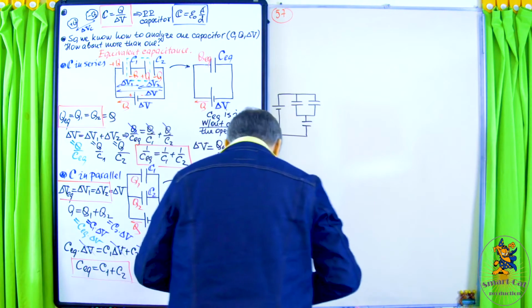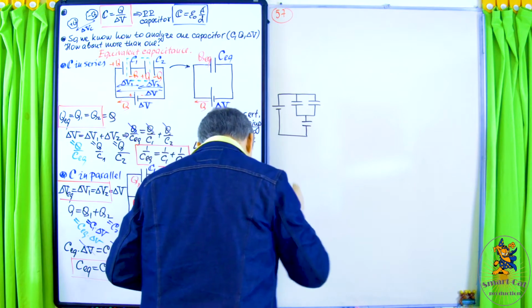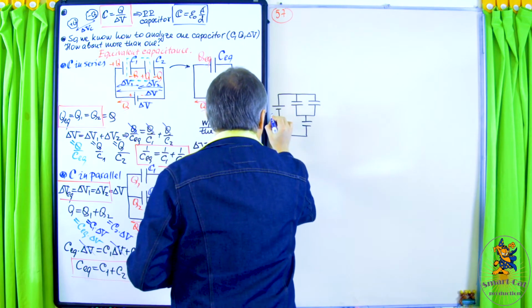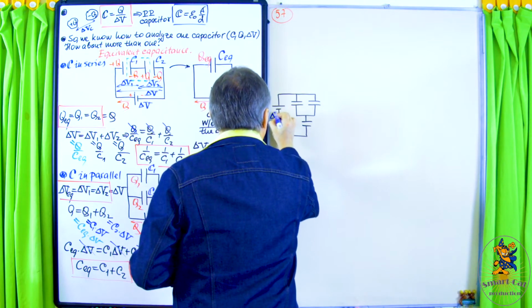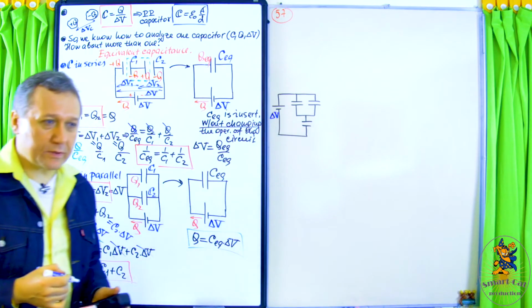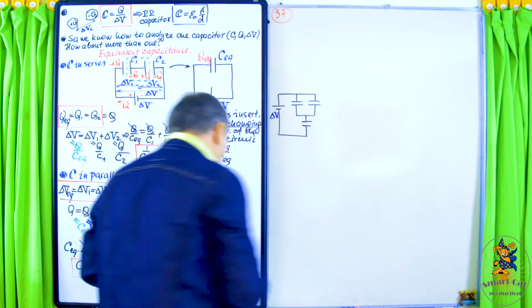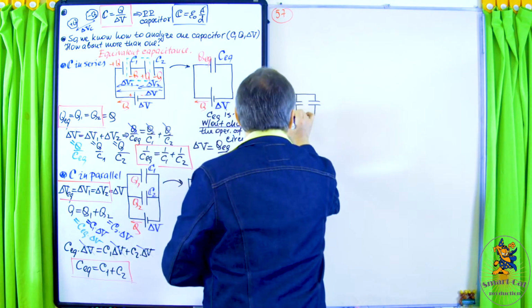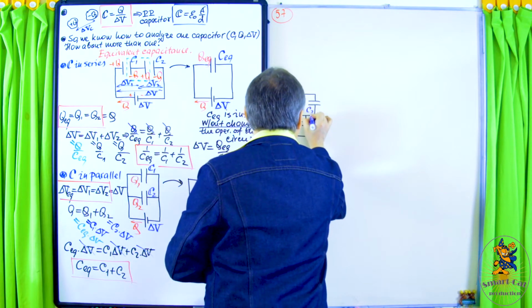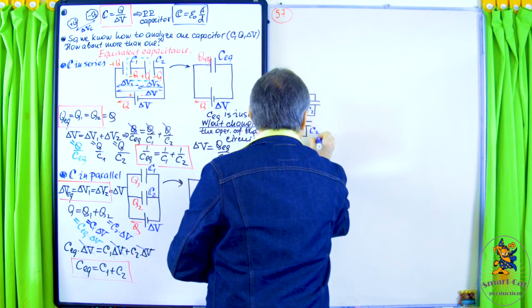Okay, now let me label them. So this is delta V, potential difference across a battery. Okay, I will write the values in a second, right? Then C1, this, then C2, and C3.